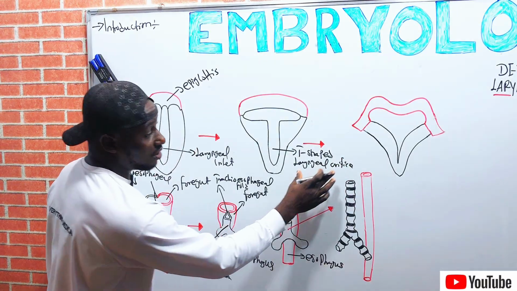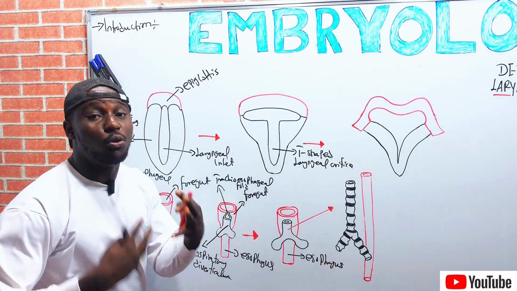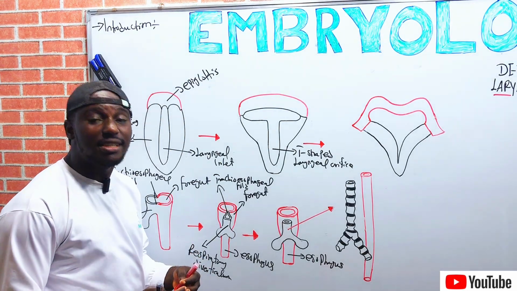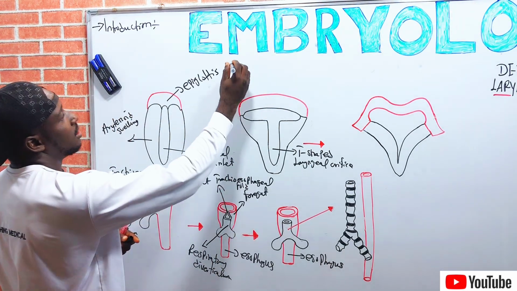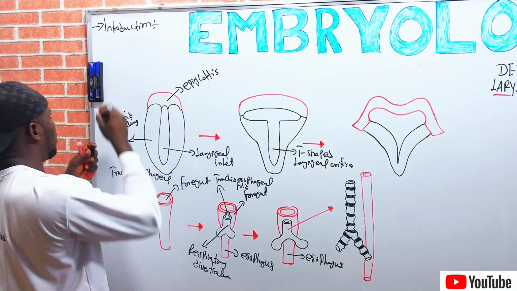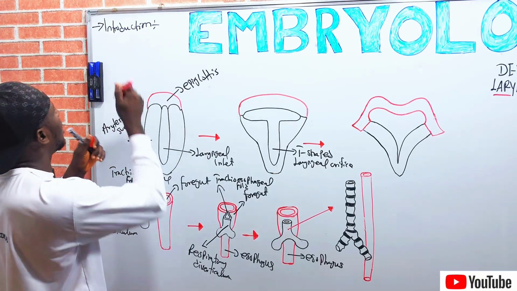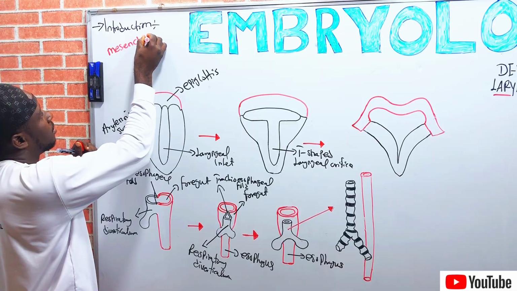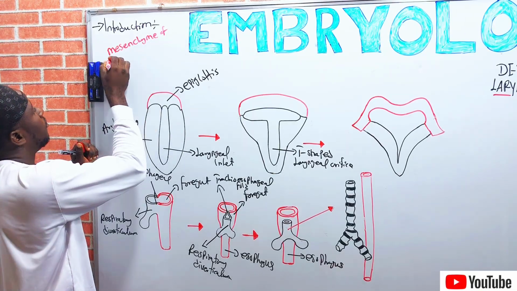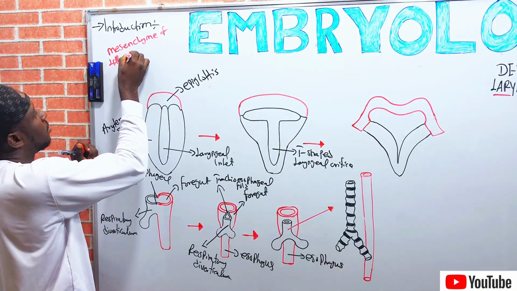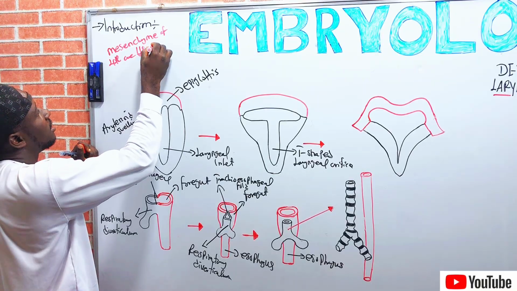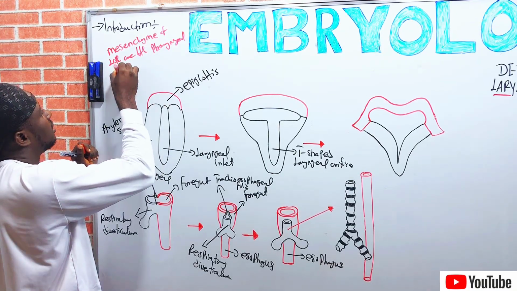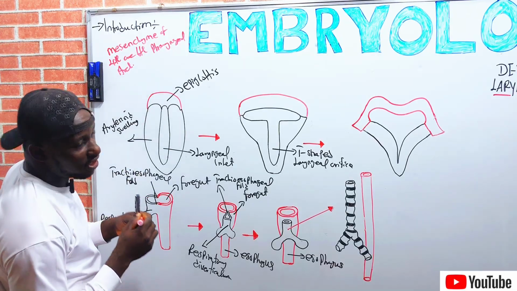This T-shaped laryngeal orifice was formed as a result of the proliferation of the mesenchyme of the fourth and sixth pharyngeal arch.